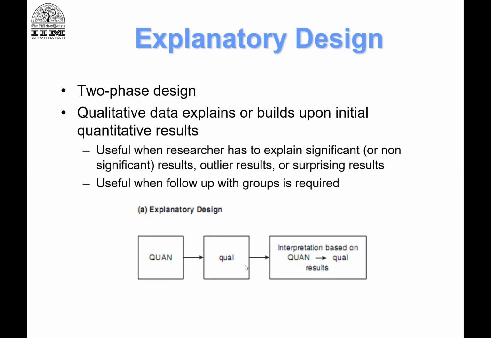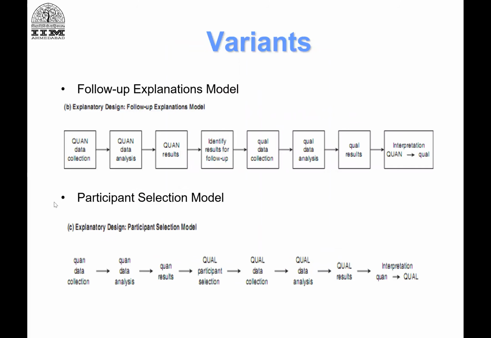So you actually interview people for those specific findings, and then in your quantitative paper, in your discussion section, where you talk about your findings, you say that we found this very counterintuitive, so we went back to the respondents, we interviewed a few of them, and this is what some of them said, and so perhaps this is what is happening in this phenomenon, and so on. So this is how you basically explain the results of the quantitative study.